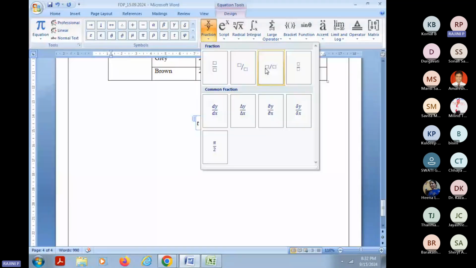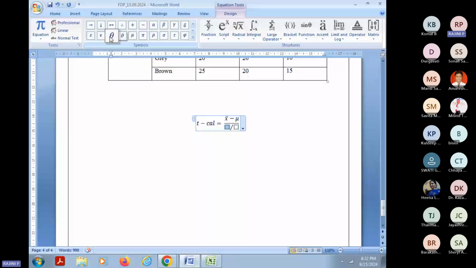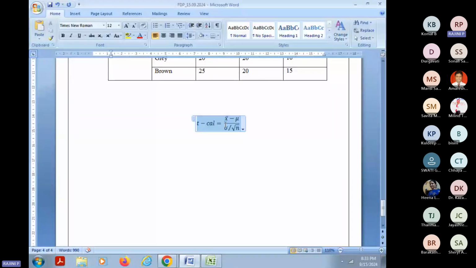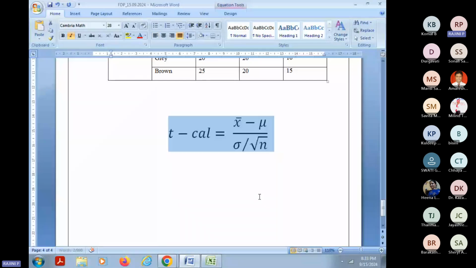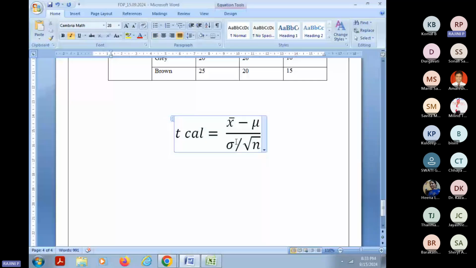This is the formula of the t-test for a single mean. T cal is equal to x bar minus mu by s by root n. Okay, not sigma, I'm sorry, s by root n.